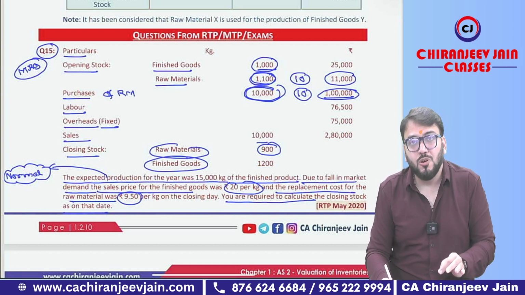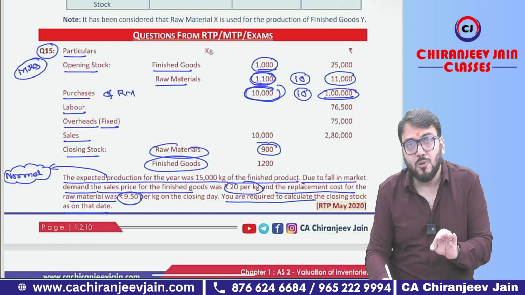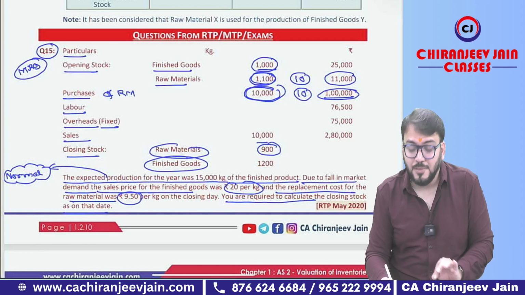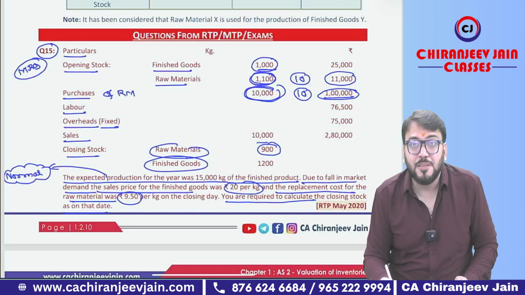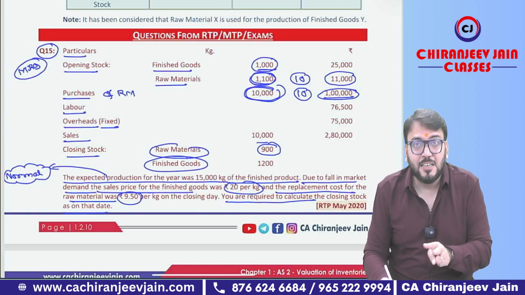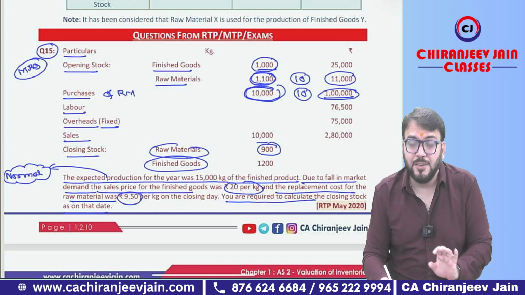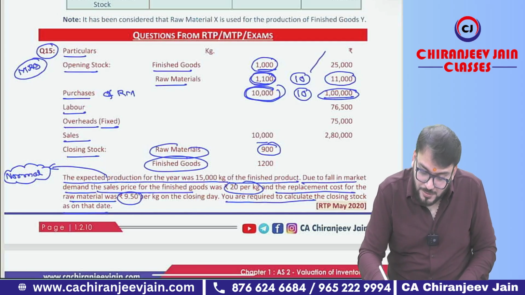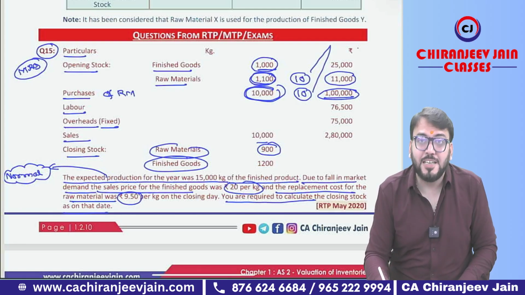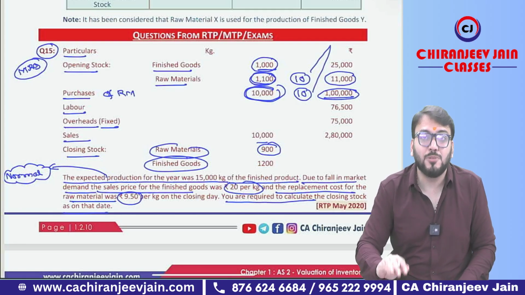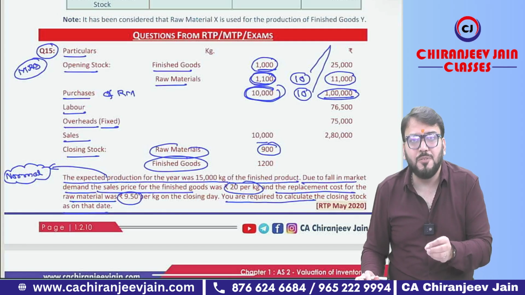Can you say on FIFO and on weighted average price basis your answer remains same because both are 10. But if one is 10, one is 11, your FIFO and weighted average price method answers will be different. I just want to say that this depends upon the FIFO or weighted average price method which you want to take. If the question is silent, normally we take FIFO.